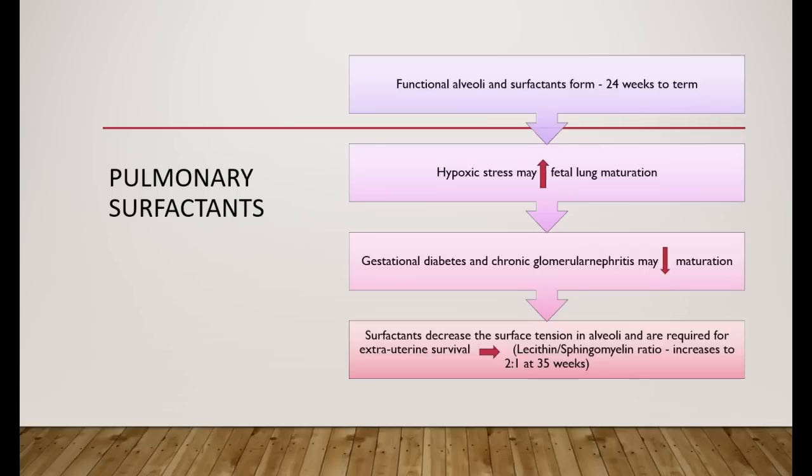Surfactants decrease the surface tension of the alveoli and are required for extrauterine survival. If they aren't mature enough to have started to develop these surfactants and have alveoli, no amount of intensive care in our NICUs is going to help them survive.